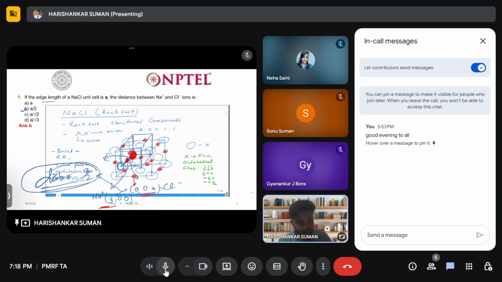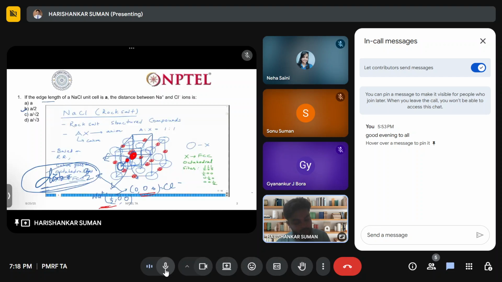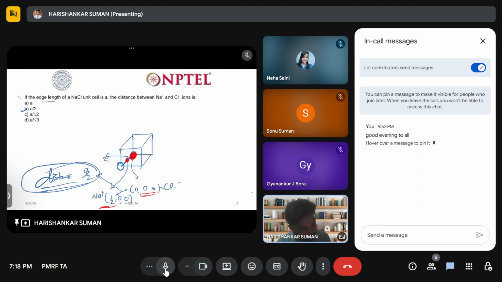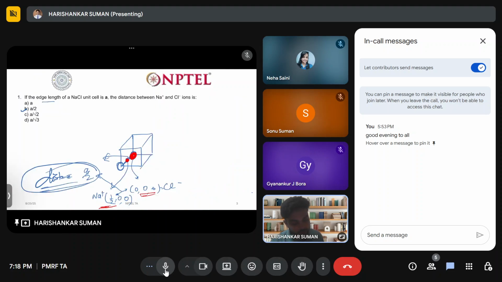As we discussed in the first question, sodium, lithium, and rubidium halides will form the rock salt type structure.